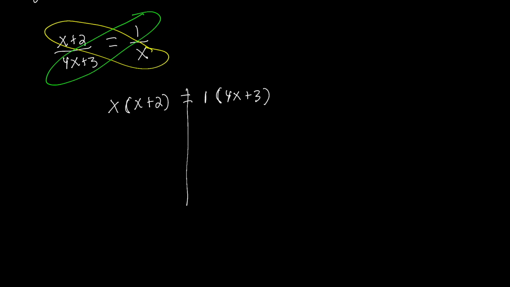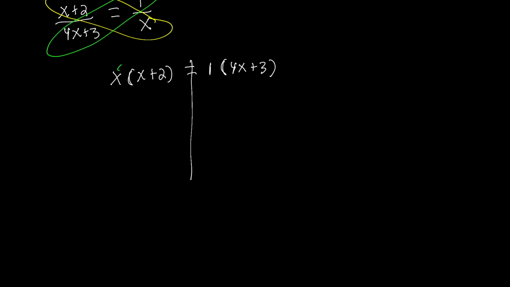I'm going to continue to simplify this. X, I have to distribute it to both terms, so x times x gives me x squared, and then x times 2 gives me a positive 2x. On the right-hand side, the 1 is not going to change the outcome of that expression, so I'm still left with 4x plus 3.